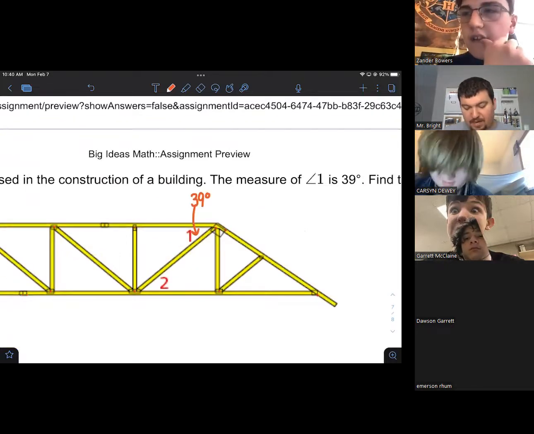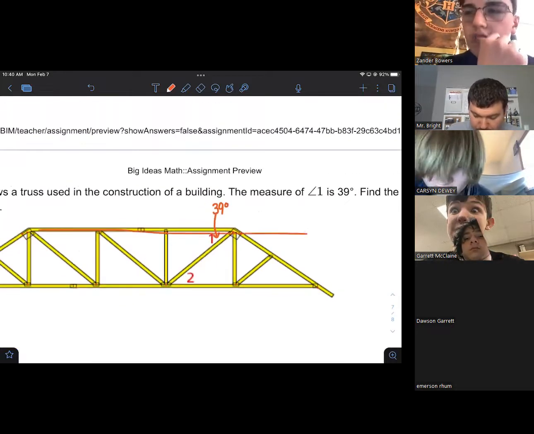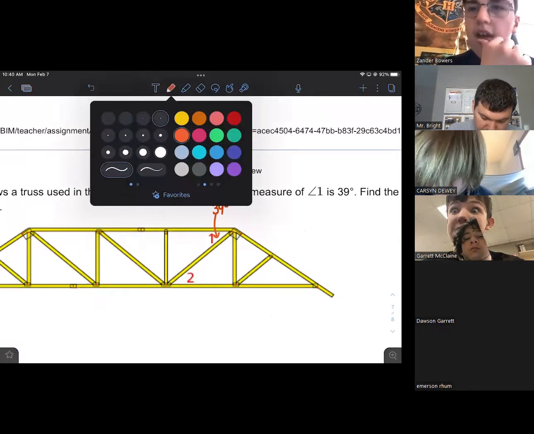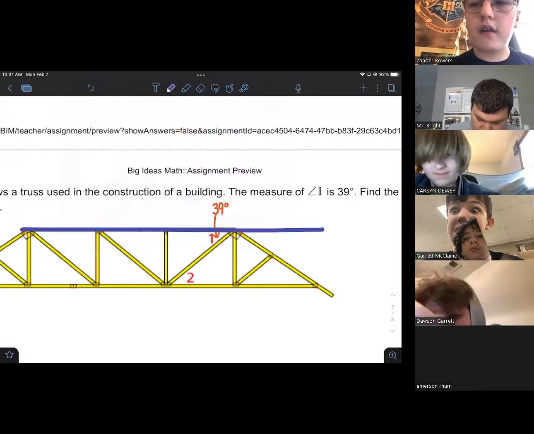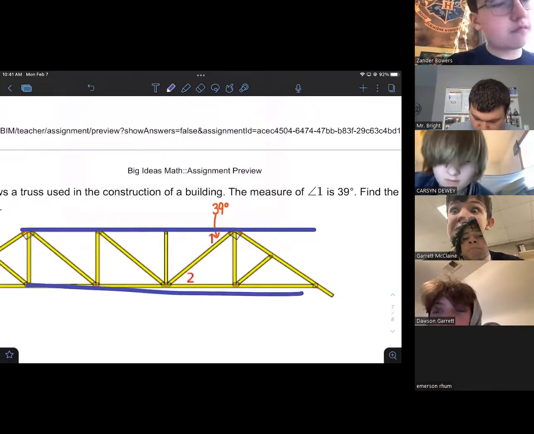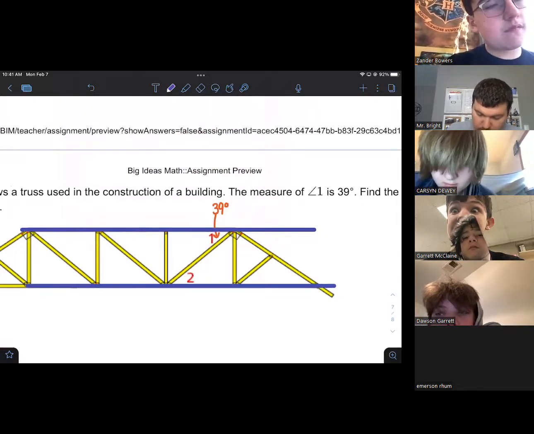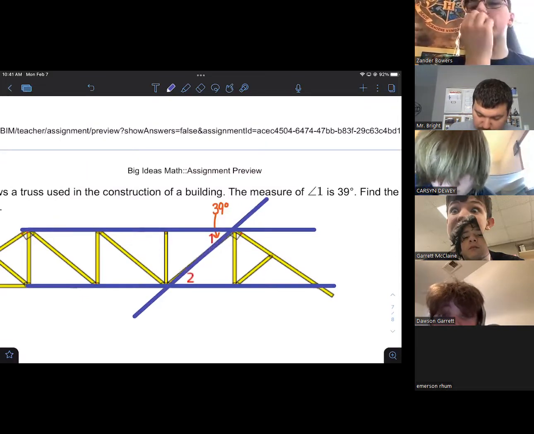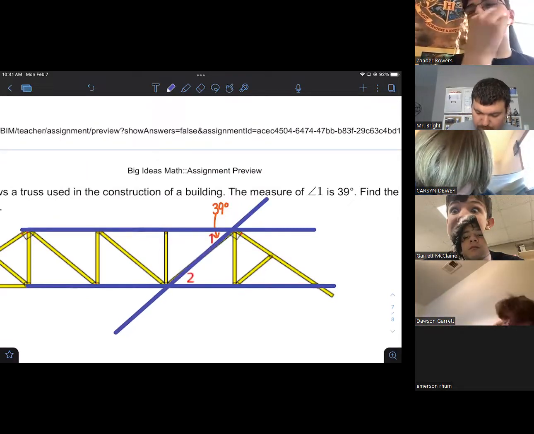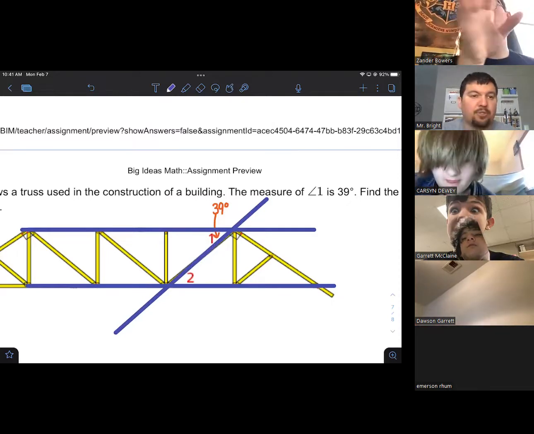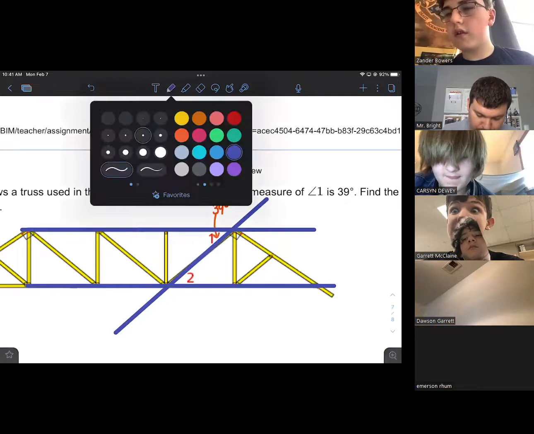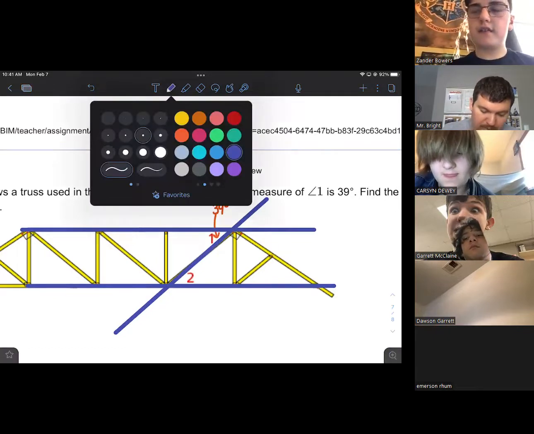What I'm seeing here is two parallel lines that are crossed by a transversal. So if angle 1 is 39 degrees, what would angle 2 be? 39 degrees, also 39 degrees.